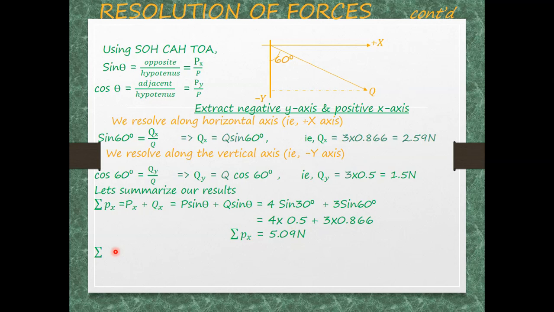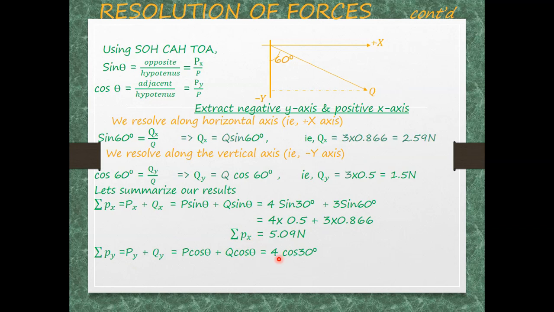So summation along the y-axis, that's what summation of Py will be equal to what? Py plus our Qy, and that will be equal to what? P cos theta plus Q cos theta.